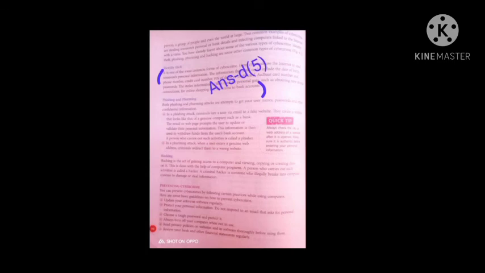Now next is question number 5. Describe in brief about identity theft. Answer is on page 98 under the heading Identity Theft. Again, you will write the whole paragraph as I have marked here. It is one of the most common forms of cybercrime.